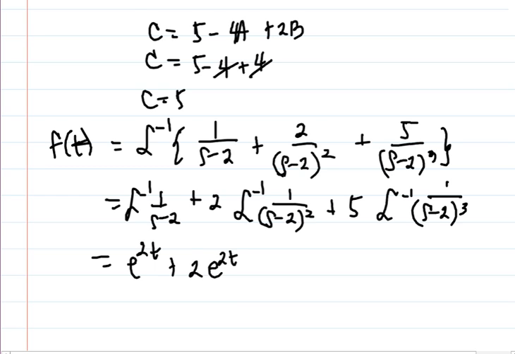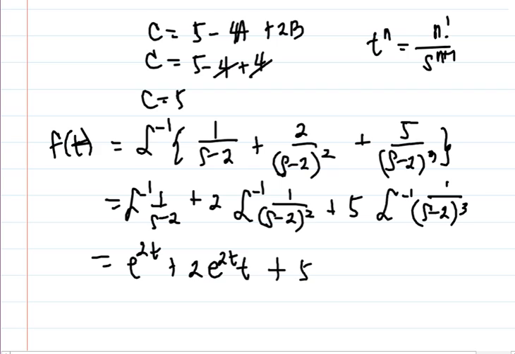And then for 1 all over s squared, we have a formula: t raised to n is equal to n factorial all over s raised to n plus 1. So this is equal to t, since it is s squared. Plus, so we have 5.